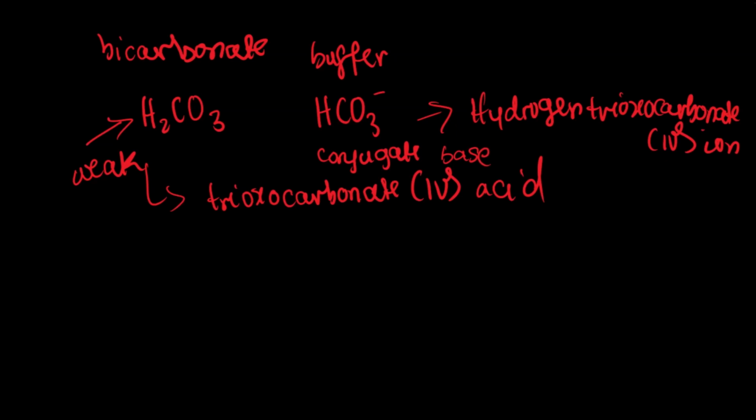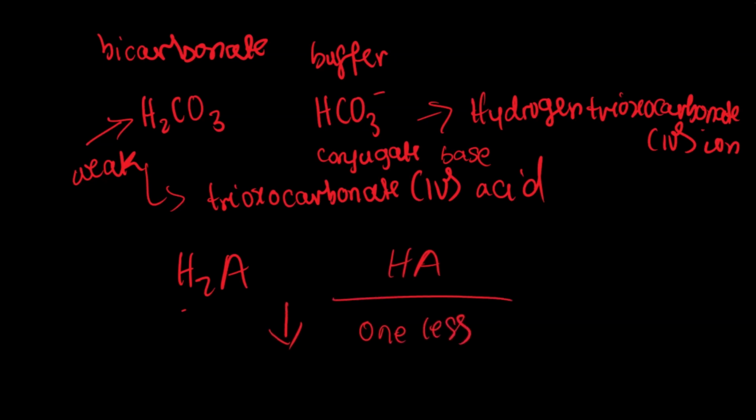Now, how do we know when we have a conjugate base? Given a pair of substances, H2A and HA, to determine which is the acid and which is the conjugate base, the substance with one less hydrogen is the conjugate base, and the one with more hydrogen would be considered the acid.